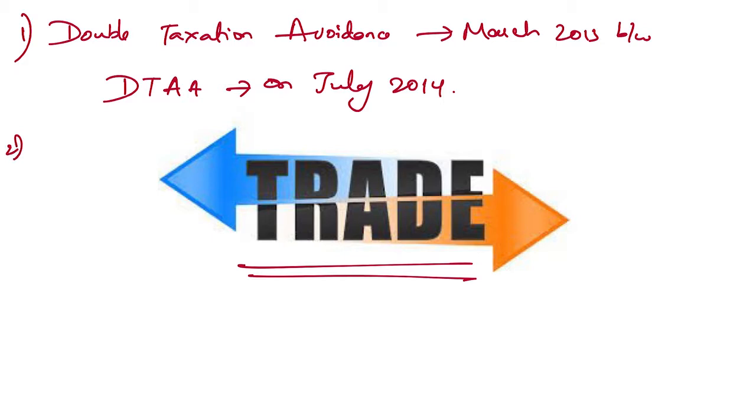And secondly, India is Bhutan's largest trading partner. So a free trade regime exists between India and Bhutan. And the India-Bhutan Trade and Commerce Agreement was first signed in the year 1972.